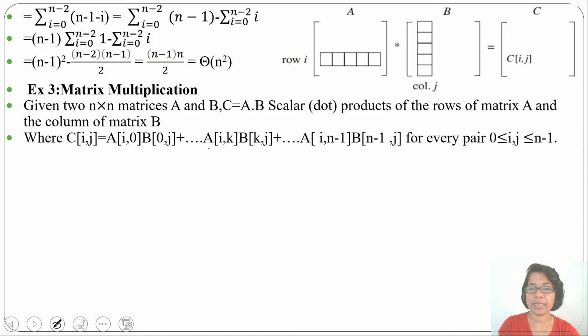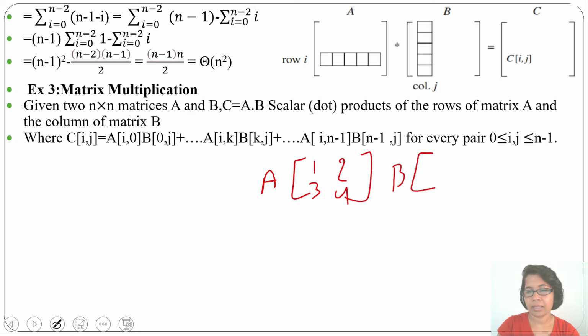Let me show an example of matrix multiplication so that you can understand this formula. Let A be a 2 cross 2 array, it contains 1, 2, 3, 4, and B is another array that contains 5, 6, 7, 8. Both are 2 cross 2, then only you can do the multiplication. Number of columns of the first should be equal to number of rows of the second, then only you can do the multiplication.